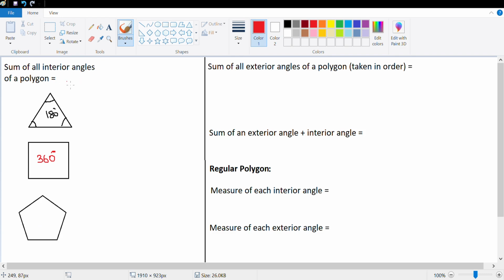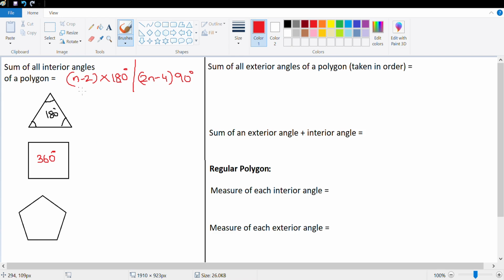The formula for the sum of all interior angles is (n minus 2) into 180 degrees, or some people also write this as, instead of 180, they write 90, which means they take 2 common, which means this is (2n minus 4) into 90 degrees, which is nothing but (n minus 2) into 180 degrees. This is the sum of all interior angles of a polygon.